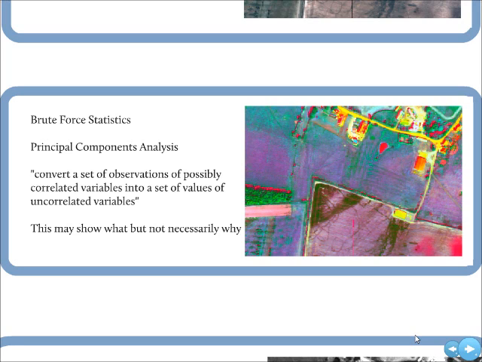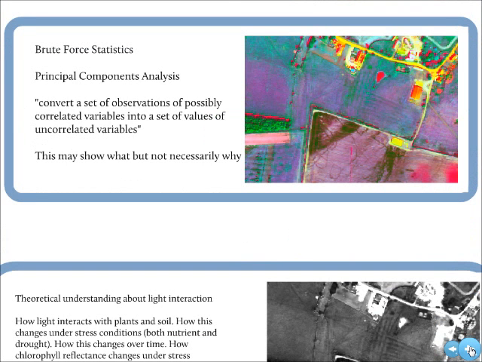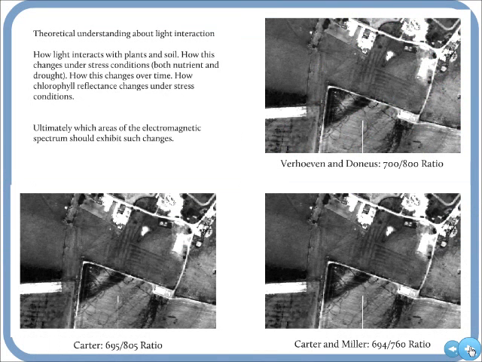And here we have a good example of a number of different wavelength ratios which should show crop stress. So here's one from Verhoeven and Dunius, 700-800 ratio, Carter and Miller, and Carter. So you can see each of these ratios is bringing out the structure in the archaeological features.